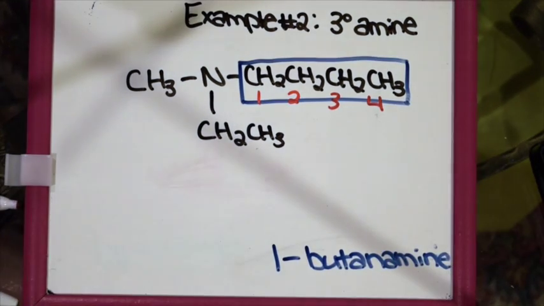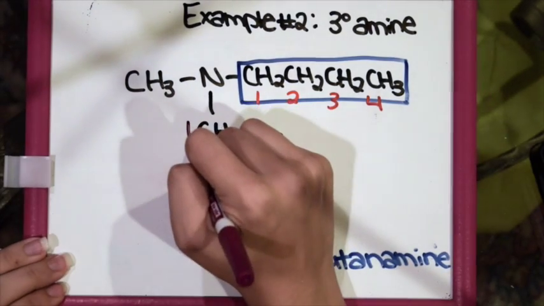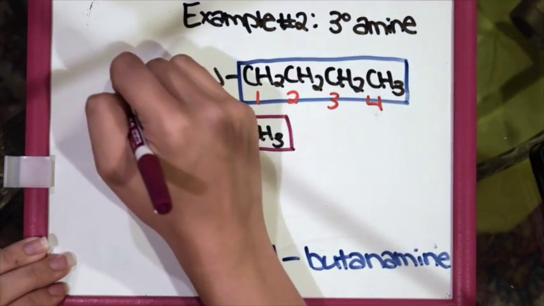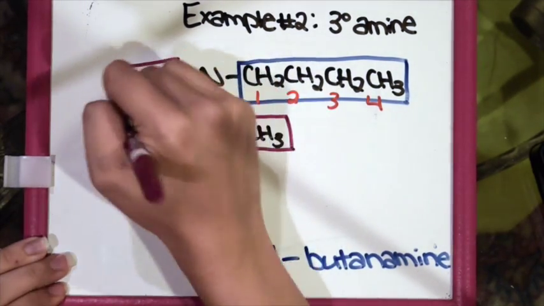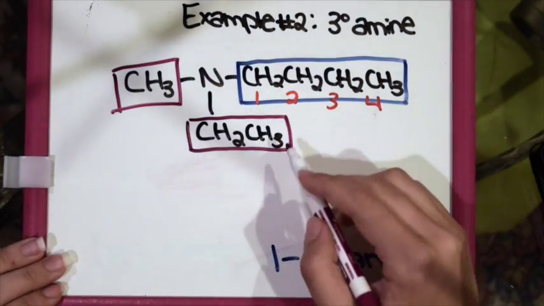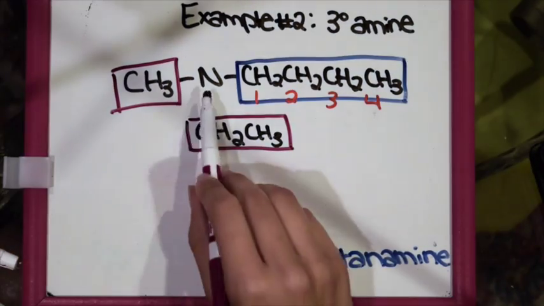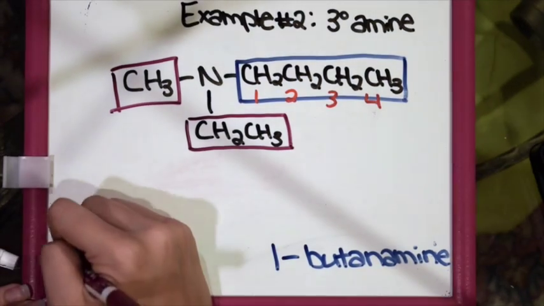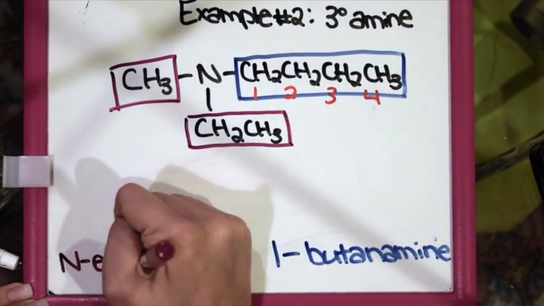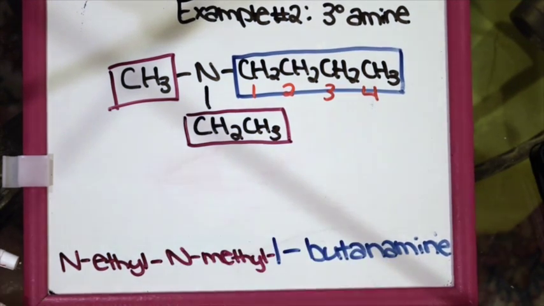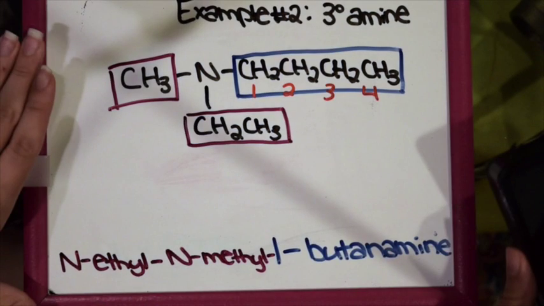Nitrogen is attached to the first carbon, so the name is 1-butanamine. The 2 substituents bound to the nitrogen are ethyl and methyl. List them in alphabetical order and indicate their position by putting an N in front of the group. The final name for this molecule should be N-ethyl-N-methyl-1-butanamine.